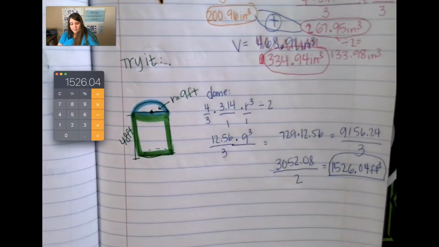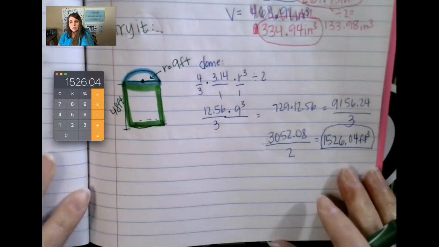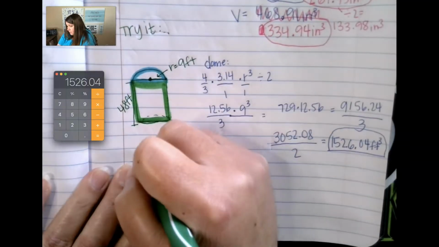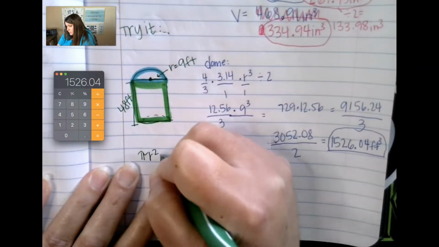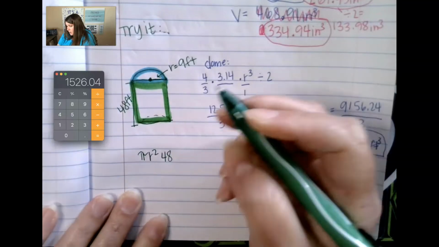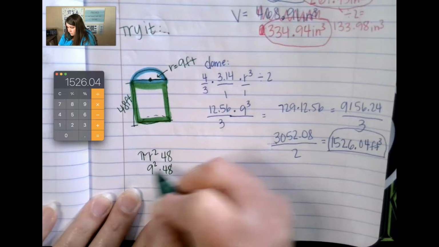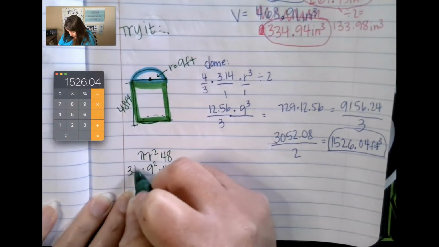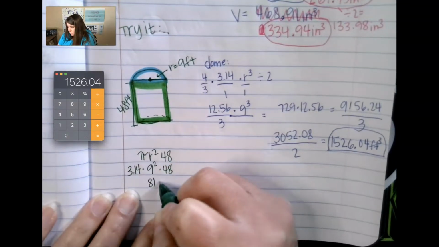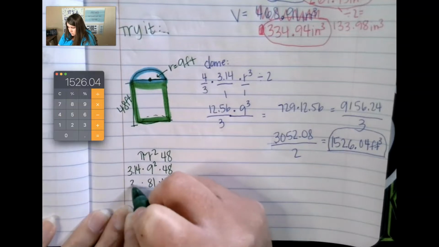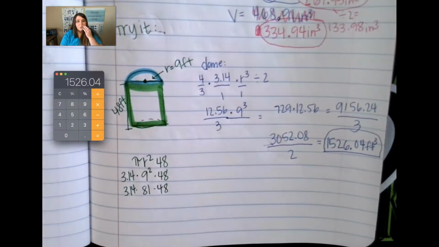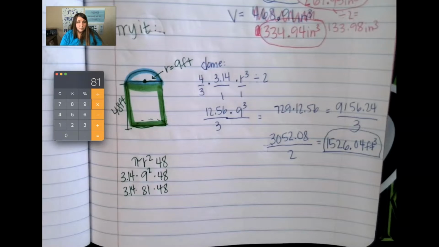That's the dome shape. Now we're going to worry about the cylinder. So the cylinder, we have pi r squared times 48. R was 9, squared times 48. 9 squared is 81. All right, so we're going to do 81 times 3.14 times 48.